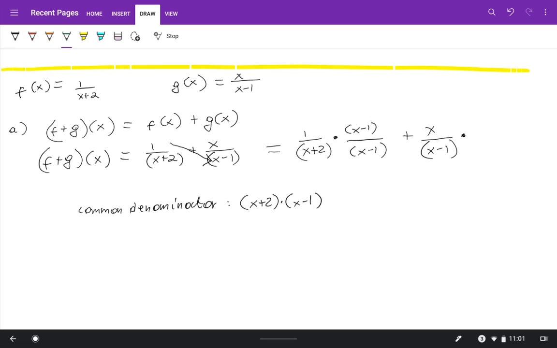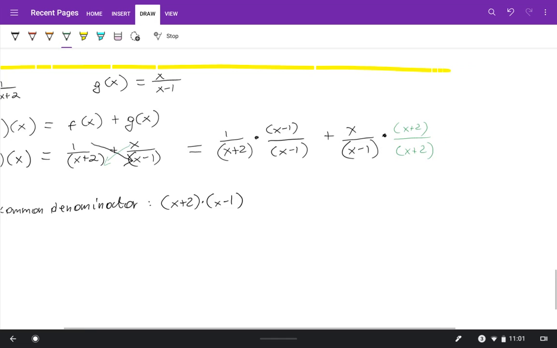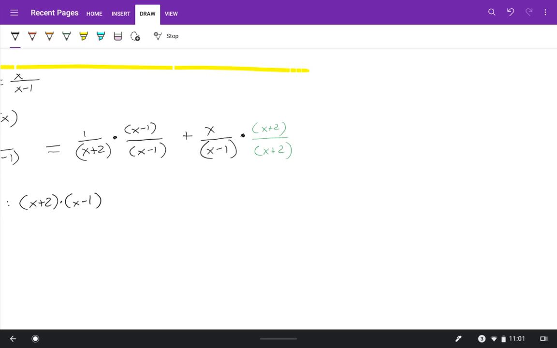So this fraction, I multiply top and bottom by the denominator of the first fraction. So we'll multiply by x plus 2, times x over x plus 2.